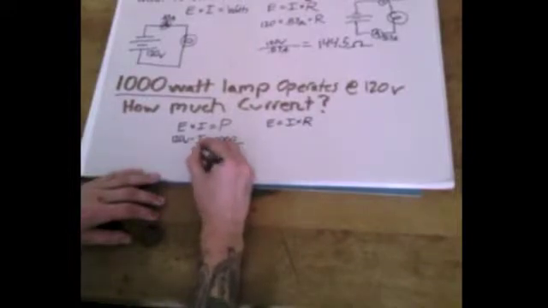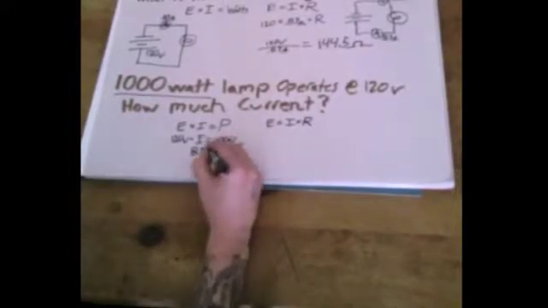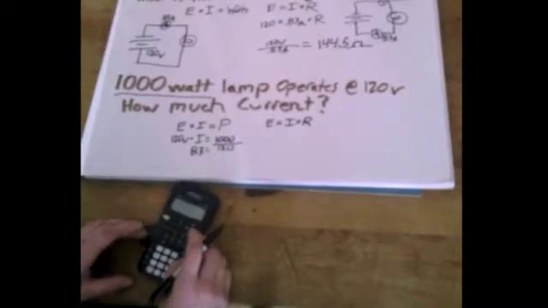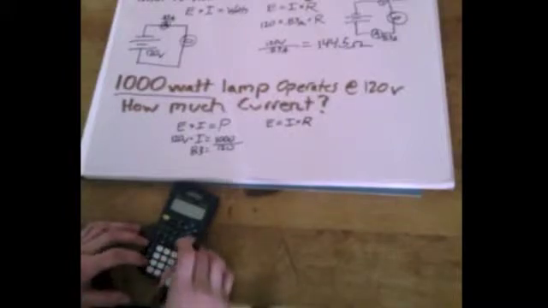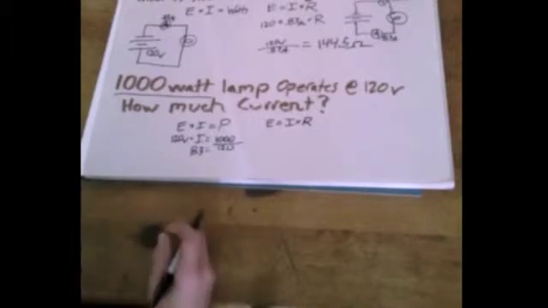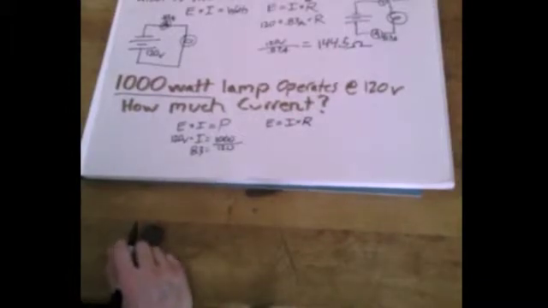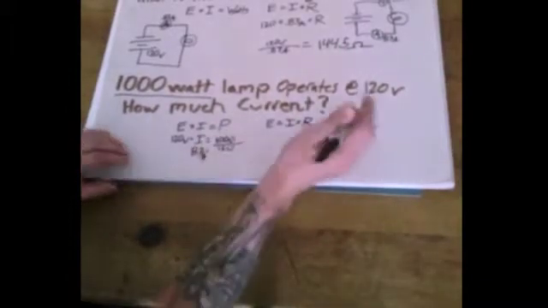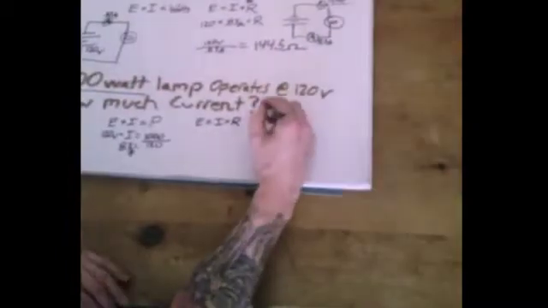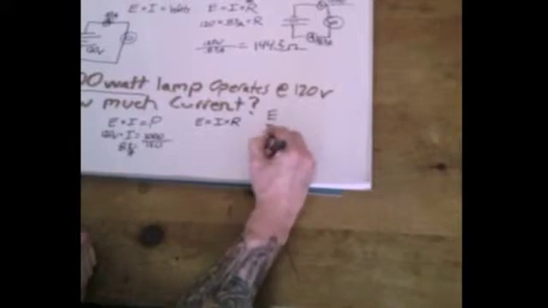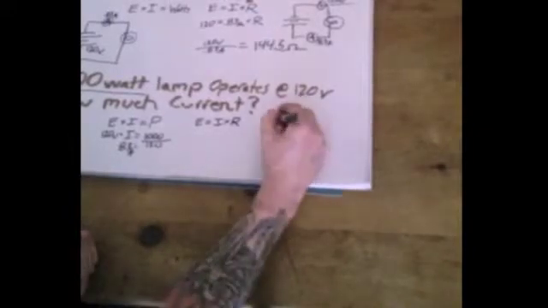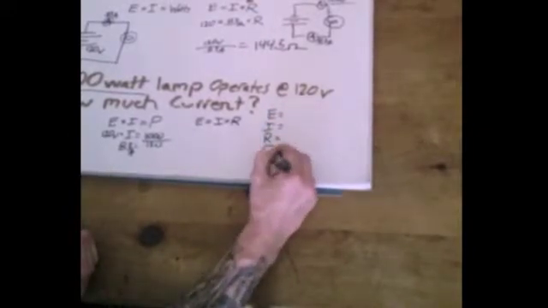Equals okay. 8.3 amps. You can almost always find like E, I, R, P. We write these differently. I did on the next page.